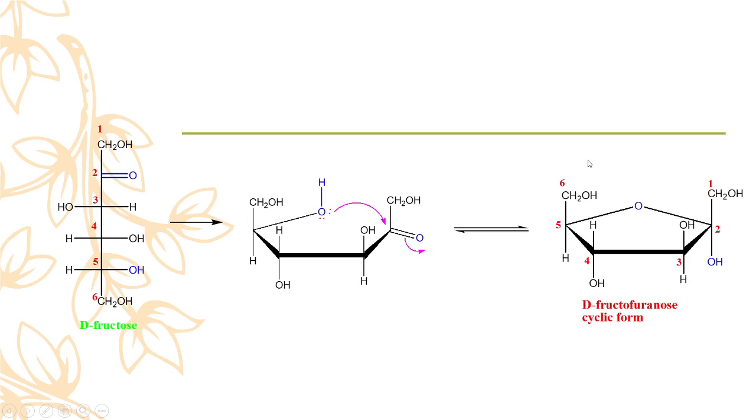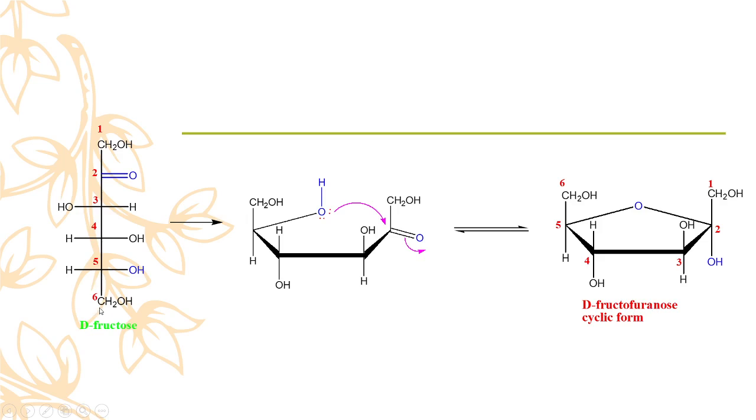So this is a 5-member cyclic acetal, therefore it is called D-fructofuranose. Since it is 5-membered, it is called a furanose, and it is obtained from D-fructose. Hence we write the D-fructofuranose cyclic form.